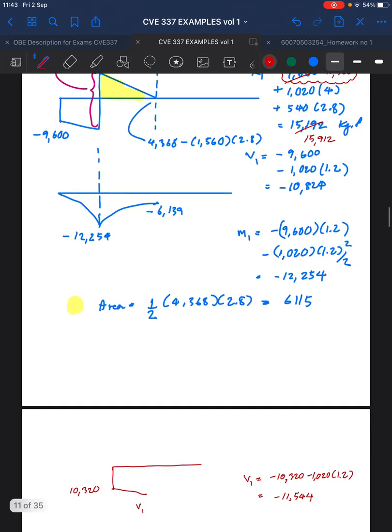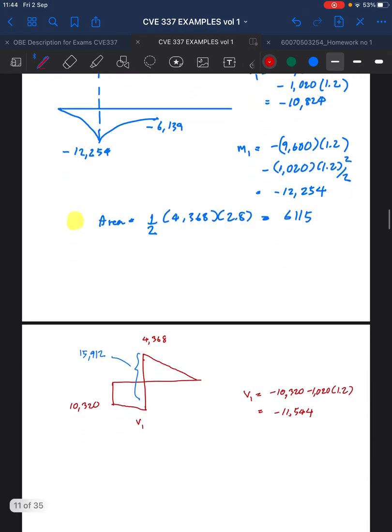And then this will go up with the amount of the reaction itself, which is now 15912. So that means this is 4368. And due to symmetry, this should come down to 0, all right?